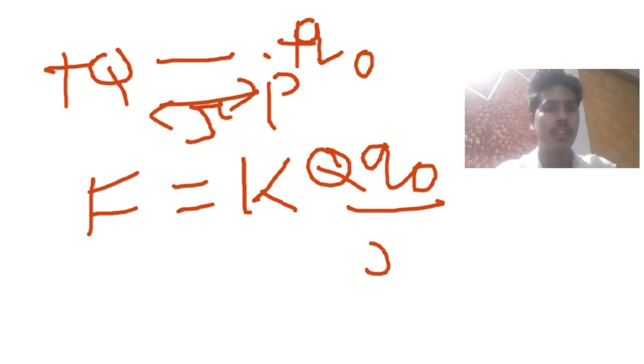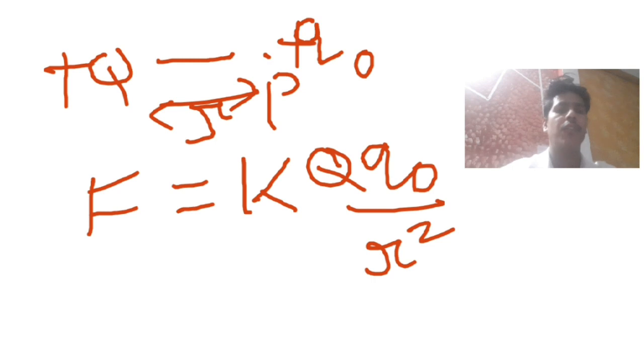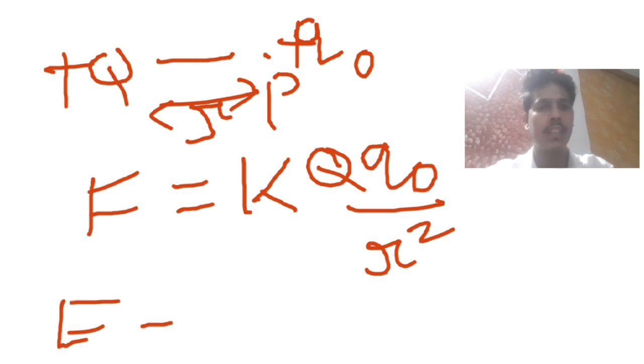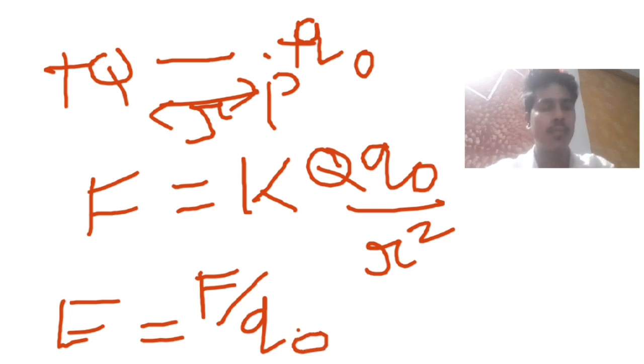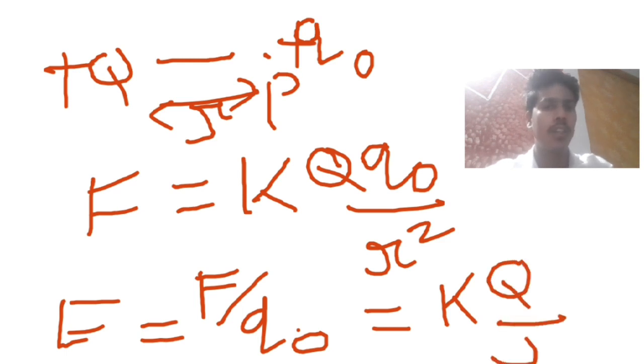So force F equals k q q naught upon r square. Now E equals F upon q naught, so you divide this force by q naught and you get the electric field intensity, k q upon r square.